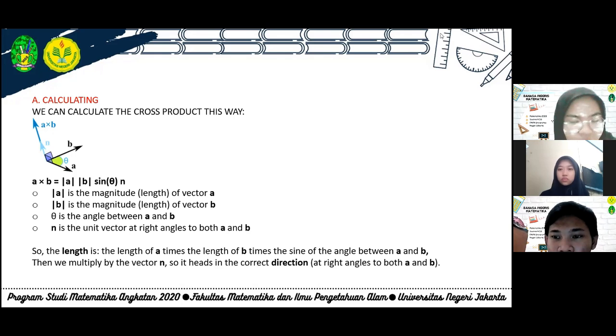The magnitude of vector A is the length of vector A. The magnitude of vector B is the length of vector B. Theta is the angle between A and B. n is the unit vector at right angles to both A and B. So the length is the length of A times the length of B times the sin of the angle between A and B. Then we multiply by the vector n so it heads in the correct direction at right angles to both A and B.